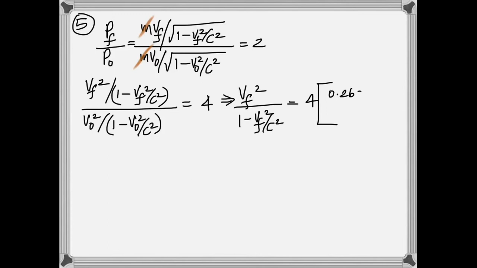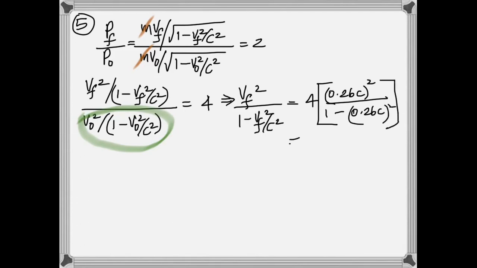And you take this entire thing over to the right side, and we are given the initial velocity, the first case velocity is 0.26 c, so plug that in and solve on the right hand side to get 0.29 c squared.